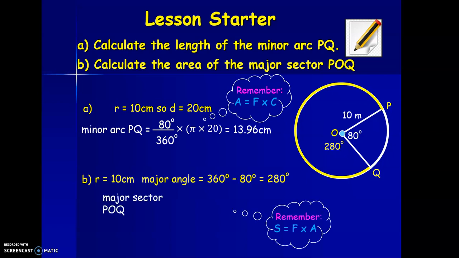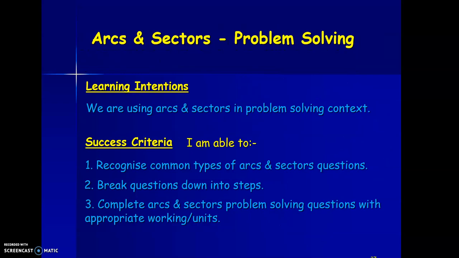So remember, your sector is a fraction times the area of the circle. So that will be 280 divided by 360 times pi times 10 squared. And that will give us an area of 244.35 square centimetres. So let's look at today's lesson.